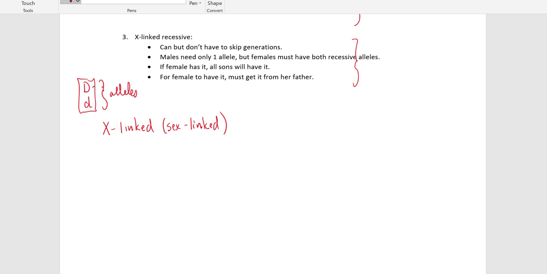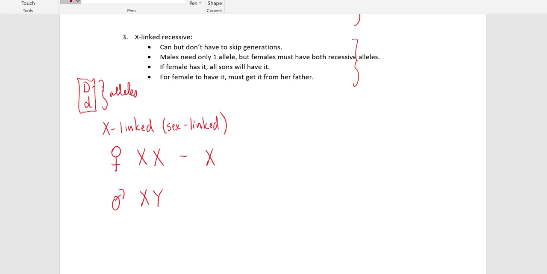So we want to express females as XX and males as XY, and then their genotype for the particular trait should be displayed as a superscript.